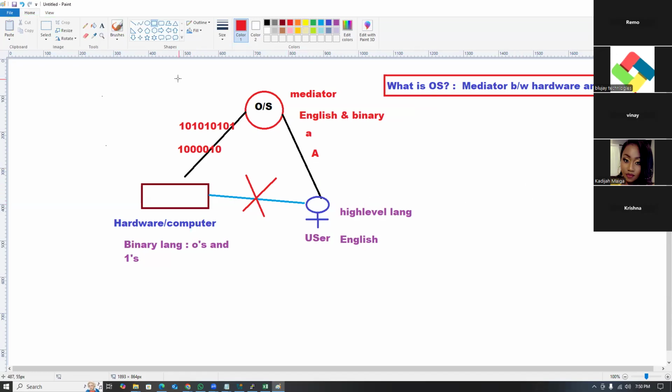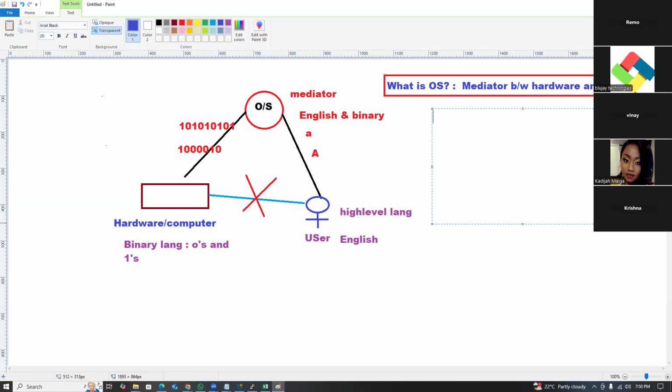So in our laptops, which OSs are installed, guys? Which laptops are you using? HP, Dell, Lenovo, right?